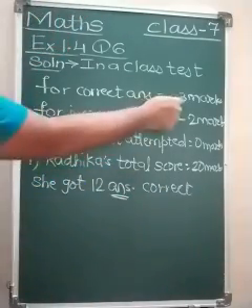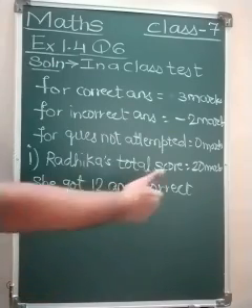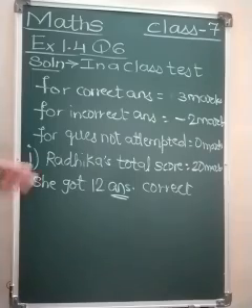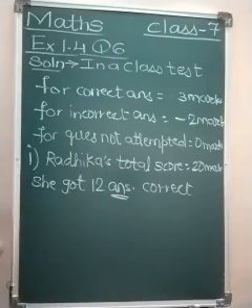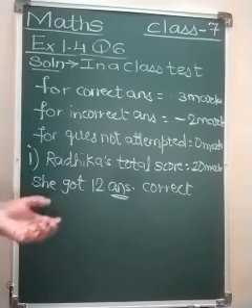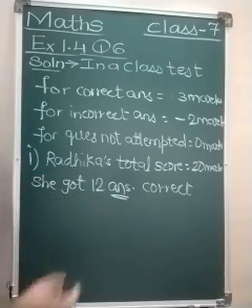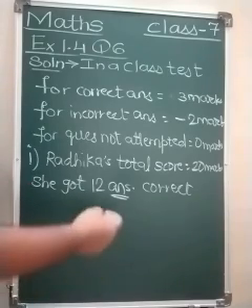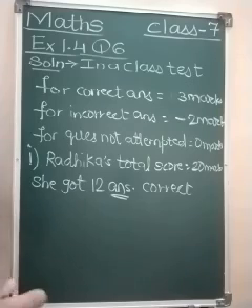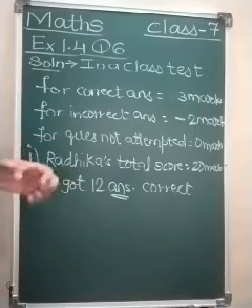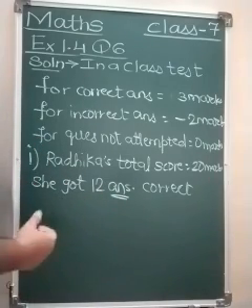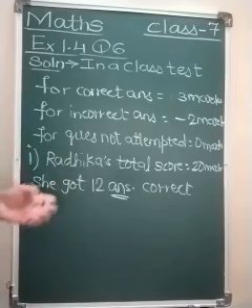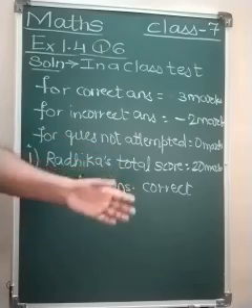That means 3 multiplied by 12, that much she got from the correct answers. So Radhika's total score equals 20 marks, she got 12 answers correctly, and we have to find out the number of answers she answered incorrectly. Whenever we have to find out an unknown thing, as I have already told you, we are going to see this very clearly this year also. Last year only an introduction was there about variables and equations. So here also we are going to solve by an equation.